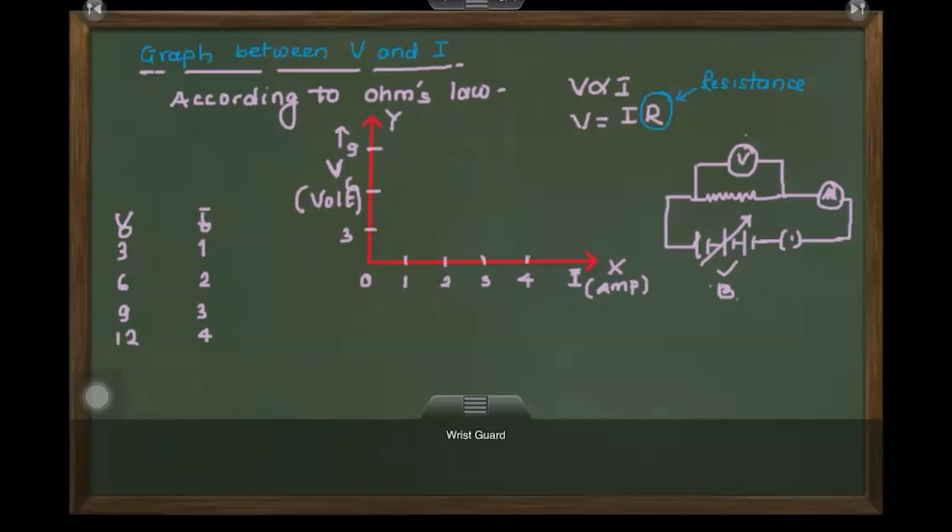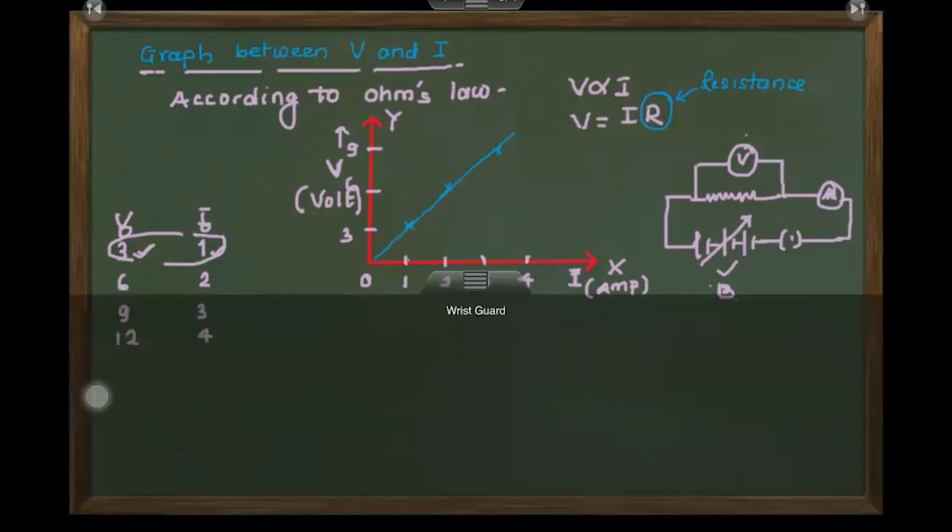But when we are having 1 ampere current here, we are having 3 volt potential. And that's why this is presented here with this point. And then 2 and 6, then 3 and 9. So when we join these points, we get a straight line. So the graph between V and I will be a straight line.